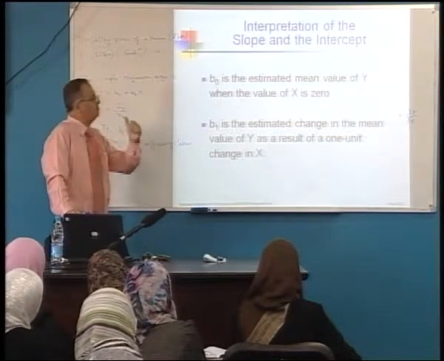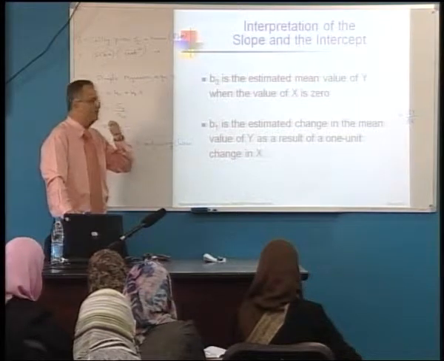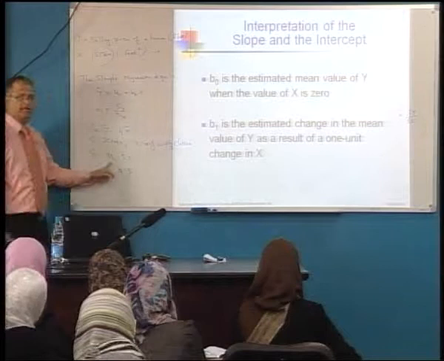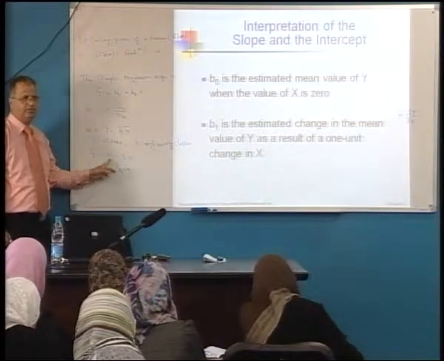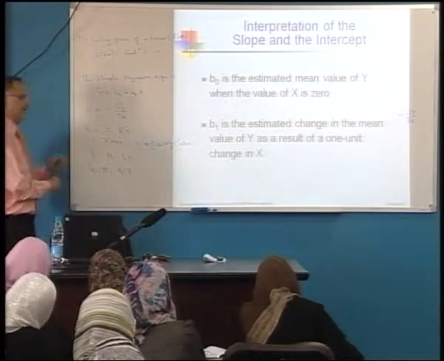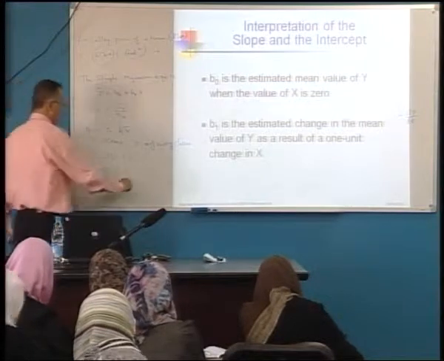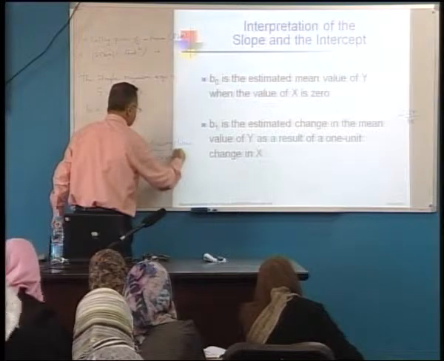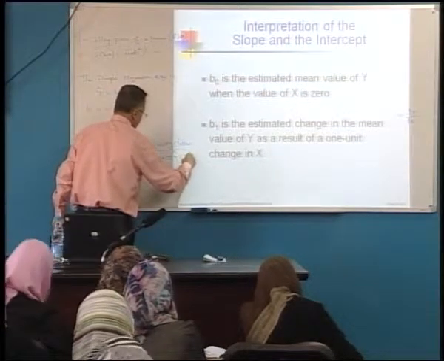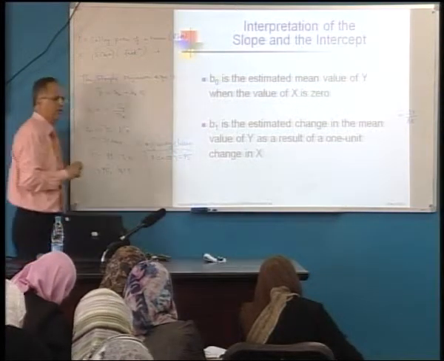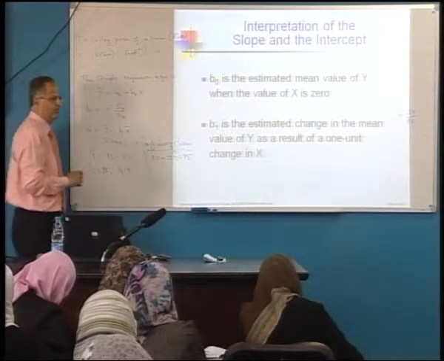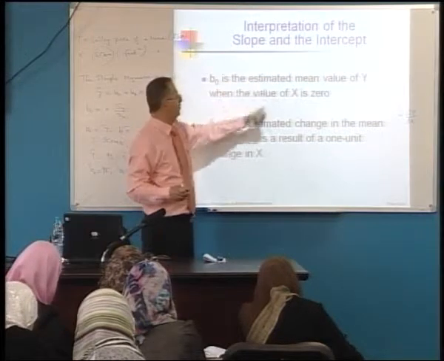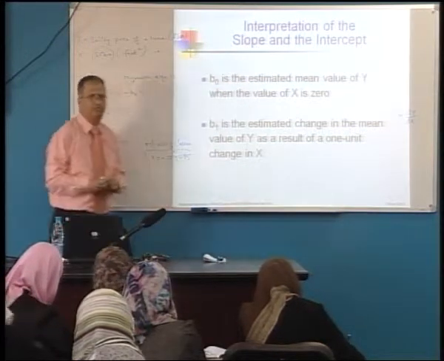In this case, we predict or estimate that the mean value of his or her score is 95. So when x is 0, we expect his or her score to be 95. That means b0 is the estimated mean value of y when the value of x is 0.